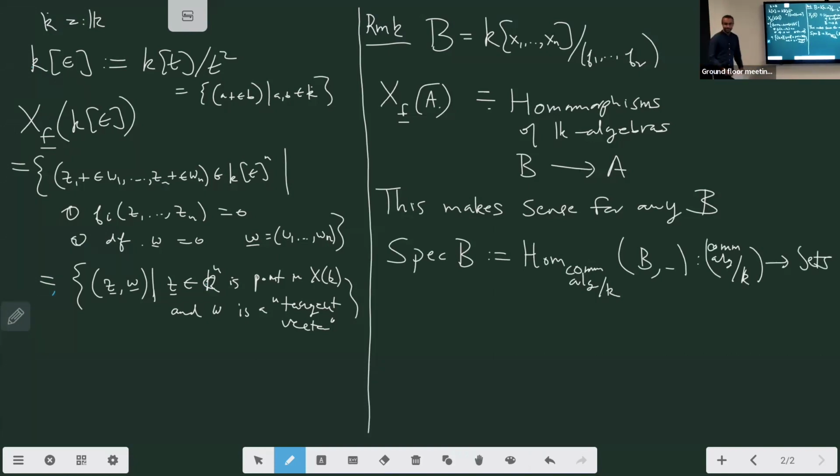Right? I can just look at homomorphisms out of B into any A, and that gives me a functor. I call that functor spec B, spectrum of. So these are called affine schemes.